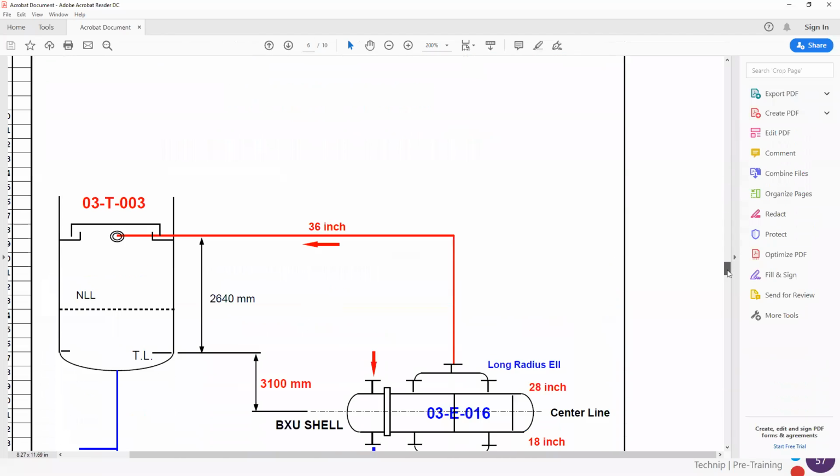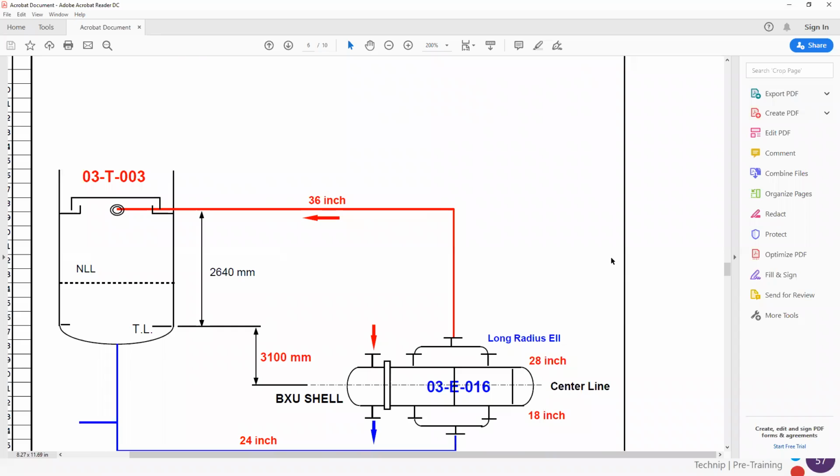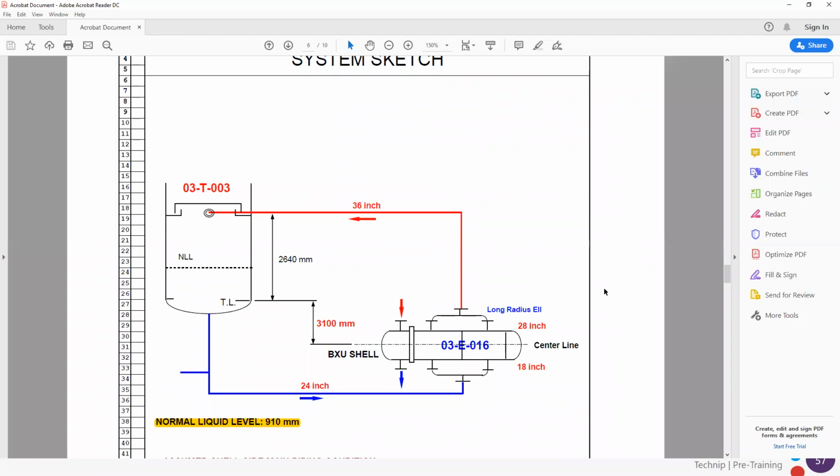Okay, so this is the configuration. We have the column this way. The shell and tube reboiler is placed horizontal.